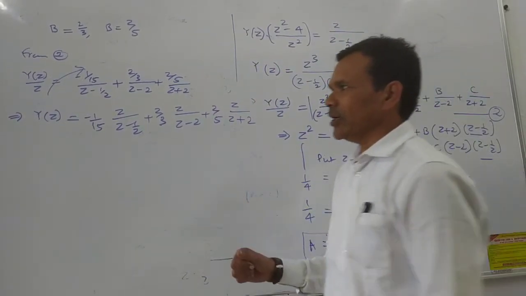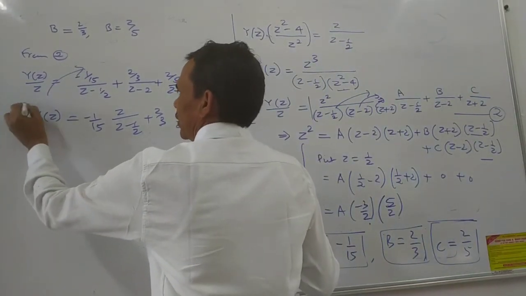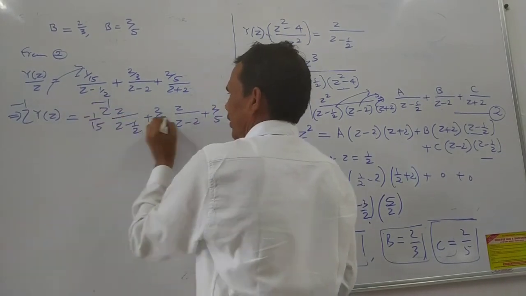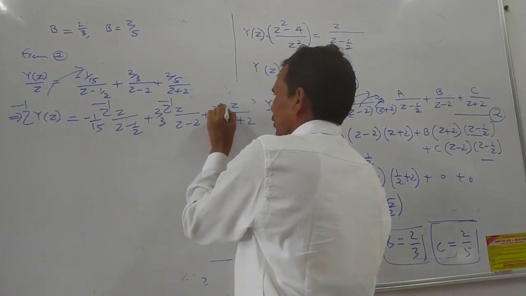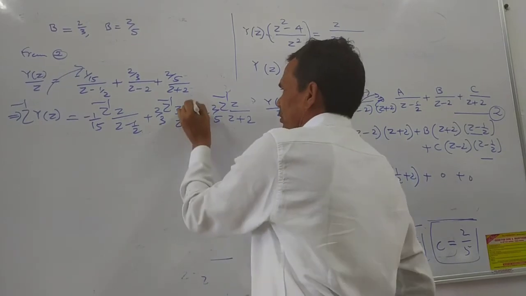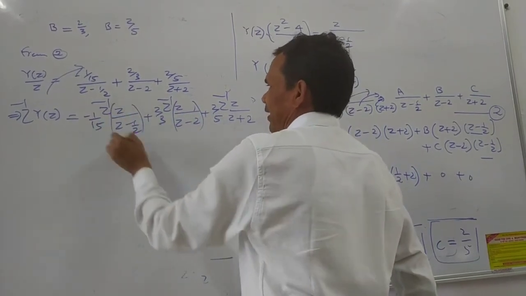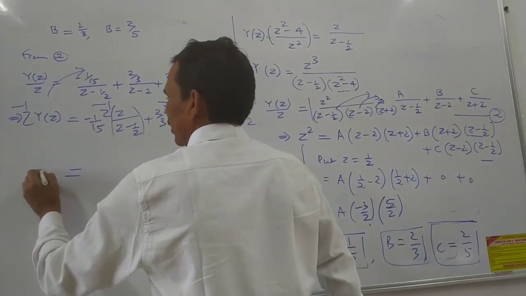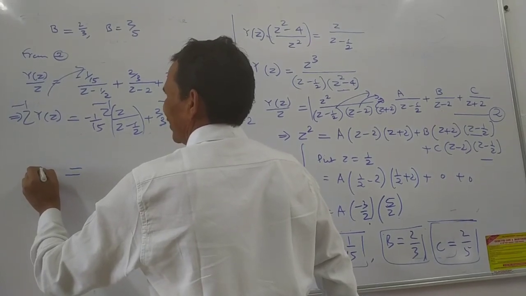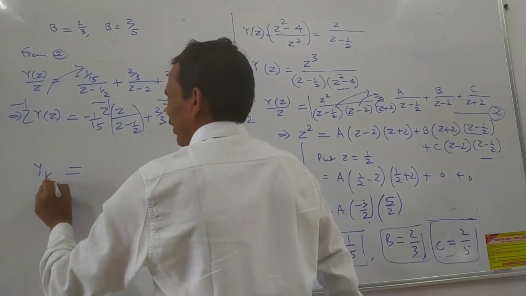We take the inverse Z transform of this on both sides. By linearity I take all the constants out, and this is Z inverse of Yz, meaning Yk or f of k.